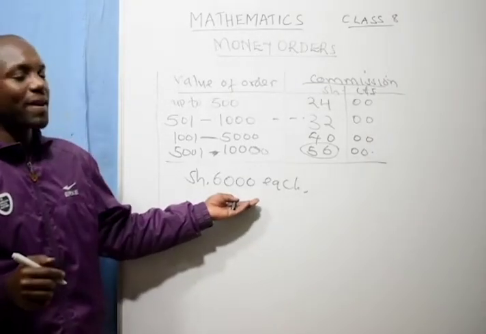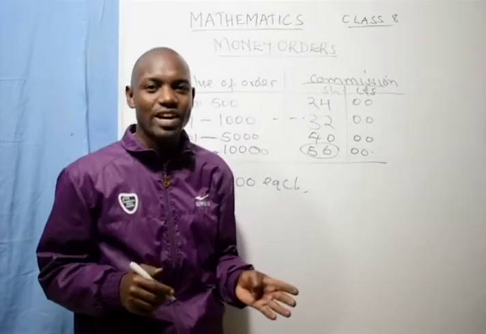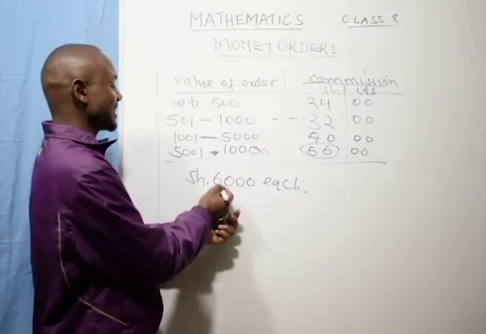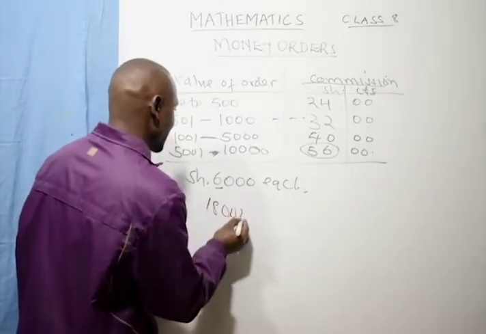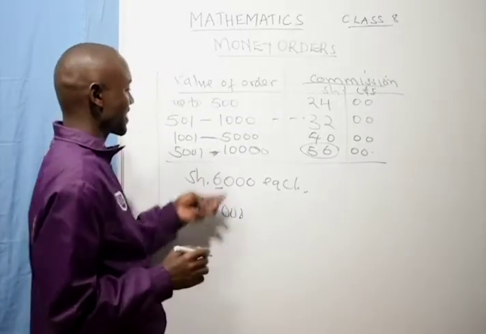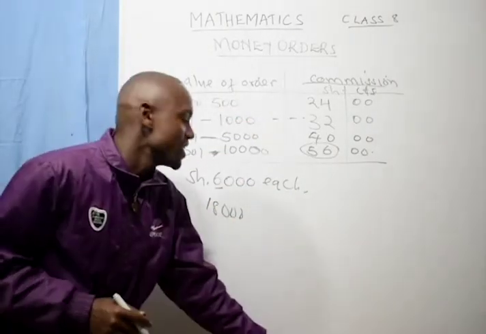How much did he pay for the postage? It means this person sent 3 money orders and each money order was 6,000 shillings. Don't calculate a total of 18,000 and then try to rate it according to the table given. No, that will be very wrong.